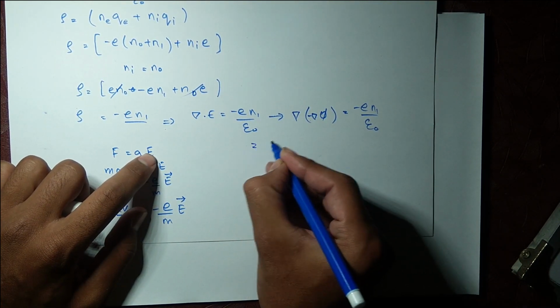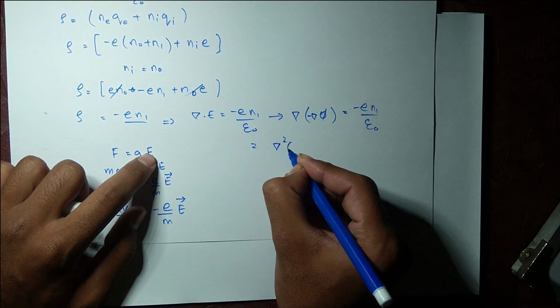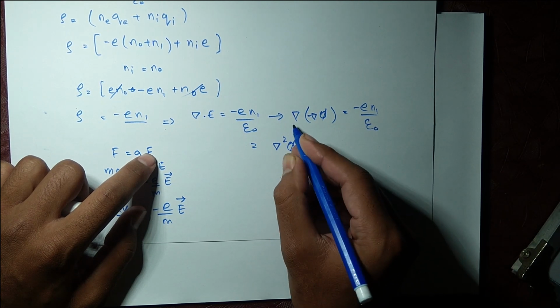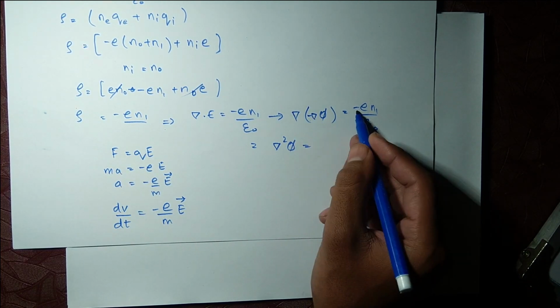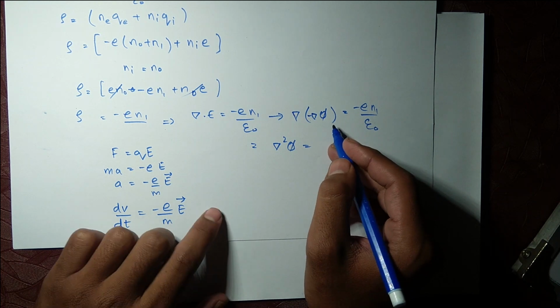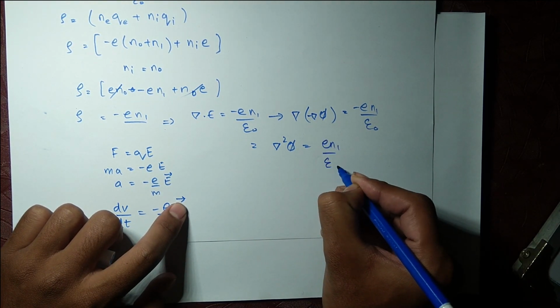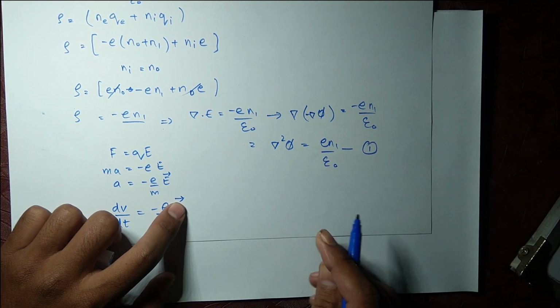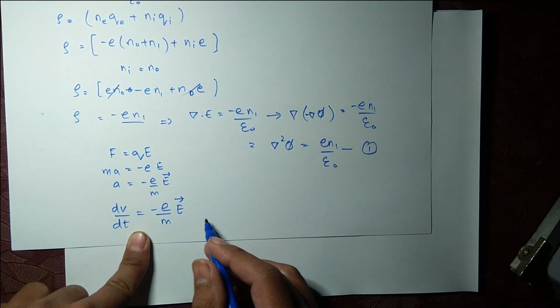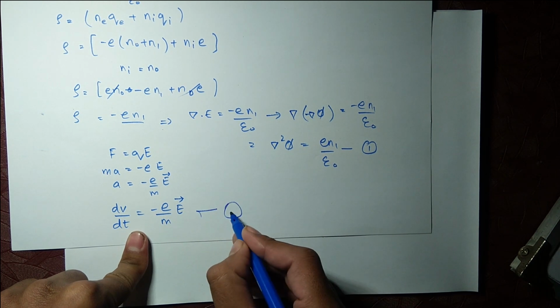It will make a del square of phi term, a Poisson equation, and this minus cancels out with that minus, and we get del square of phi equals E n1 over epsilon naught. We write this as equation number 2.